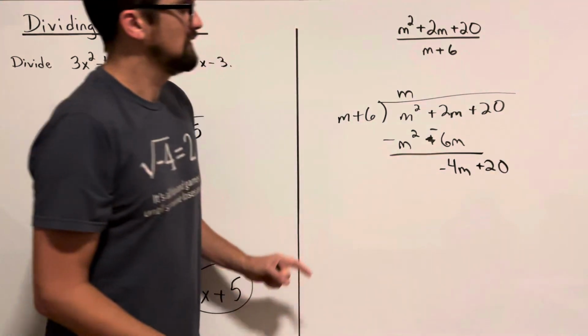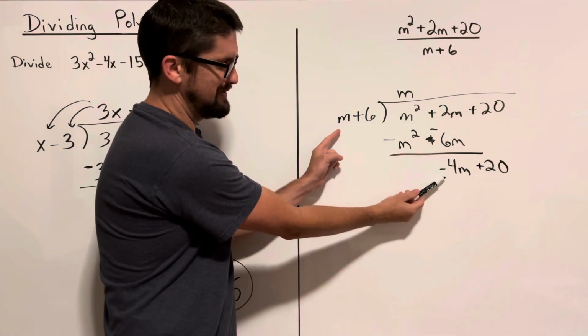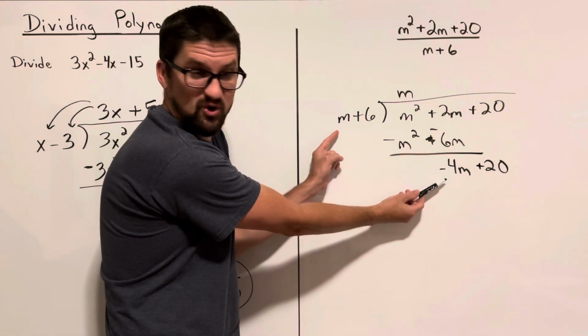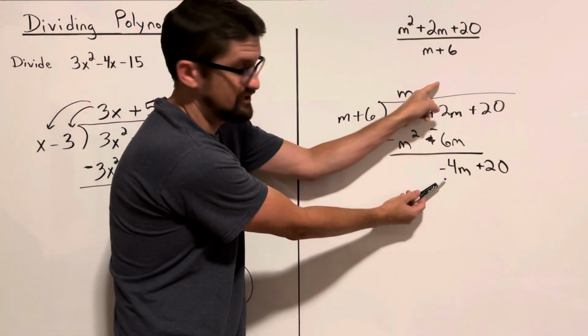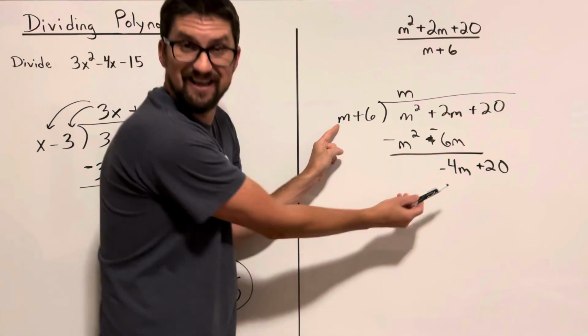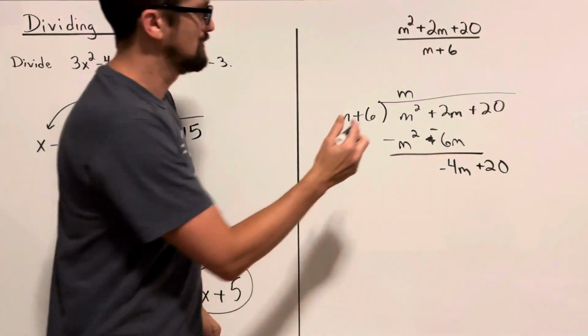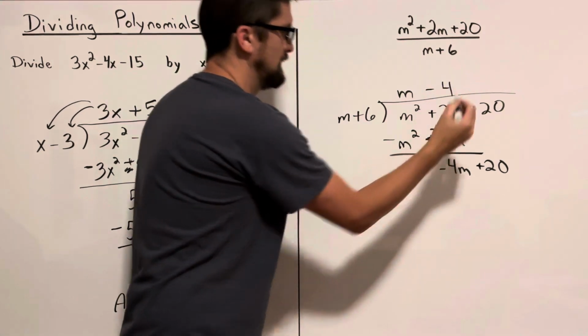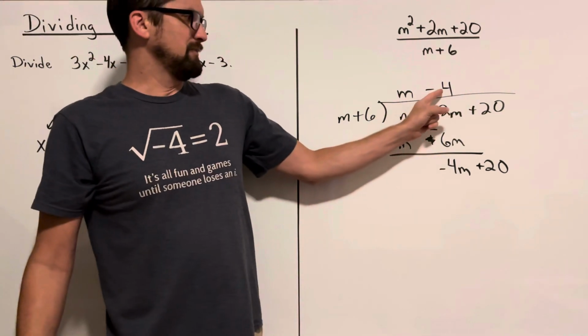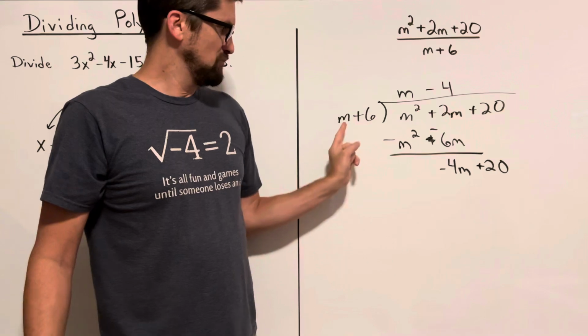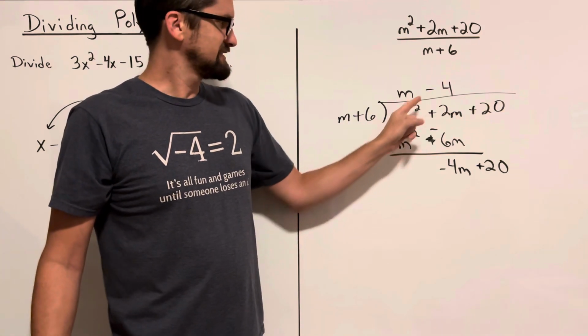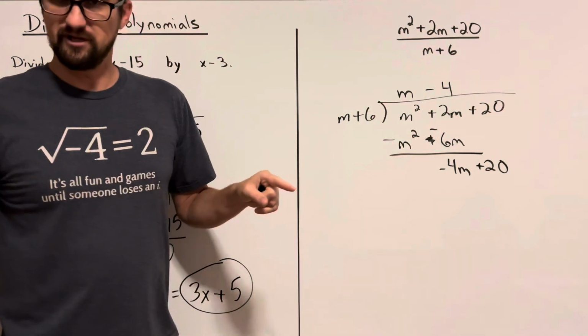All right, now you want to focus in on the m and the negative 4m. This term up here is going to multiply m to give negative 4m. It's going to be a negative 4 or a minus 4. All right, now I'm going to take this negative 4 and multiply it to both the m and the 6. Negative 4 times m is negative 4m.